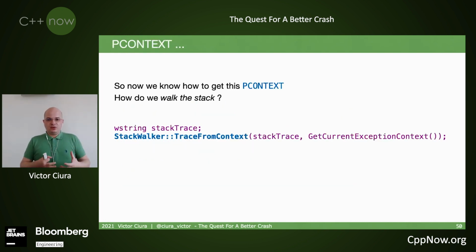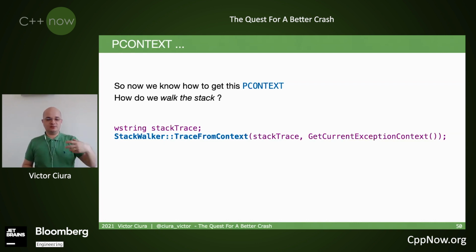So now that we know how to get this context or a pointer to such a structure, be it from an SEH translator from the CRT, or maybe we've built it ourselves, like I've shown on the previous slide. Any way you cut it, you have a PCONTEXT, you have context information. So you have a place in a thread. That's your context. And I kept showing this function, trace from context.